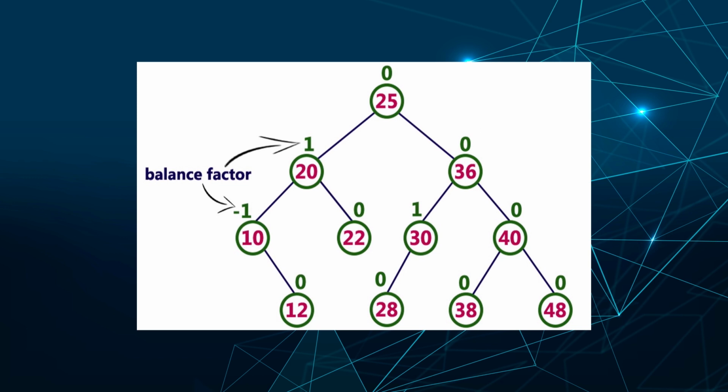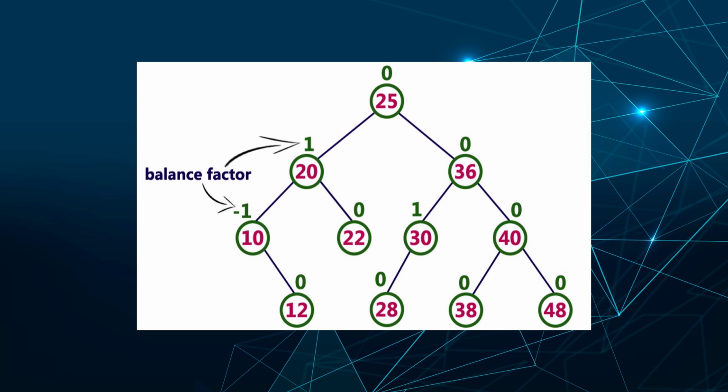Now, we calculate the balancing factor of 36, again an internal node, but it is a parent of 30 and 40 and a grandparent of 28, 38 and 48. For the height of the left child, do not count the nodes, only count the number of generations. At the left-hand side we have 2 generations, the first is 30, the second is 28. So, the height of the left child is 2.